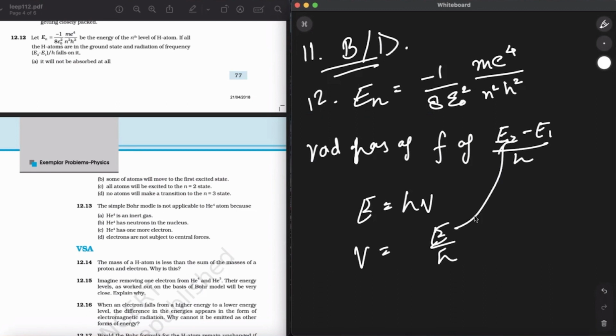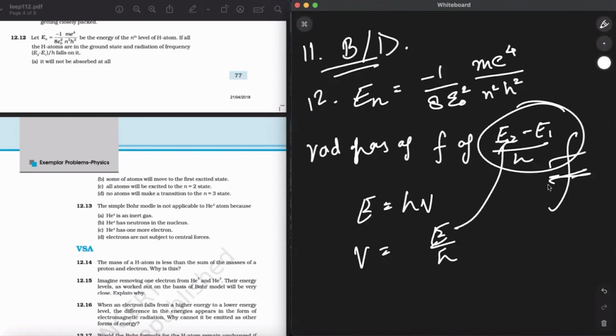This will be E2 minus E1, because the atom is changing its state, as given in the question. So the energy of the radiation is E2 minus E1, which is sufficient for absorption in the first excited state. So option A is incorrect.